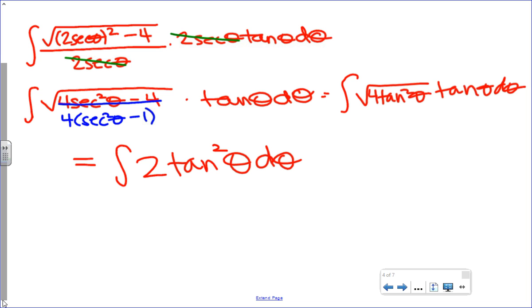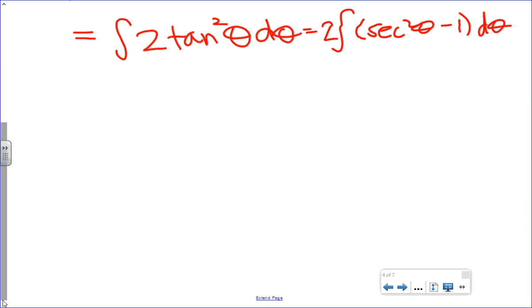Secant. Okay, so this is not quite as painful anymore. What's the antiderivative of secant squared?